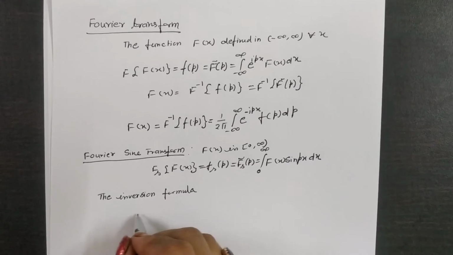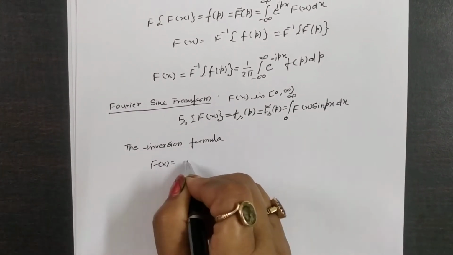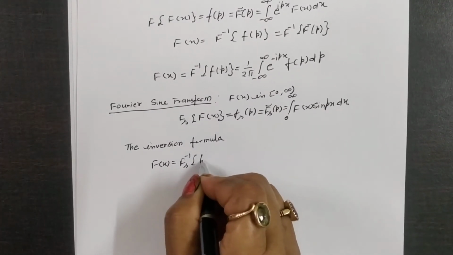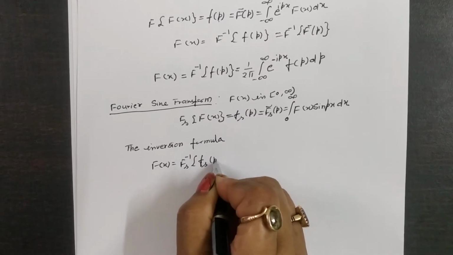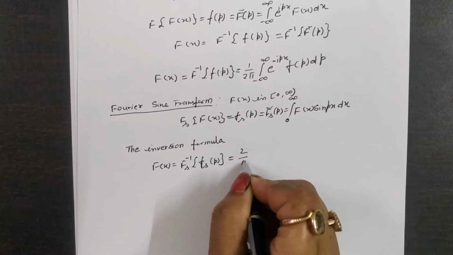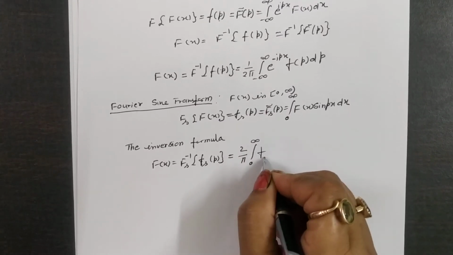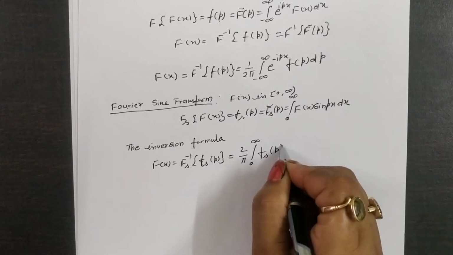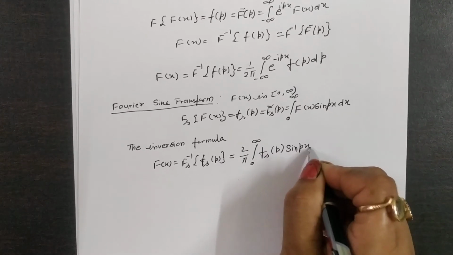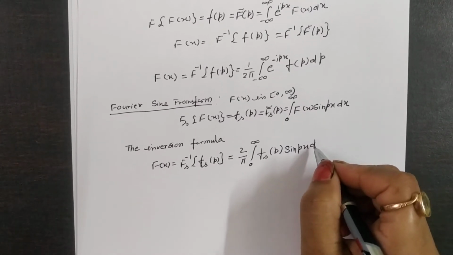Which is given for f of x, which is equal to F s inverse of F s of p, which is again equal to 2 by pi times the integral from 0 to infinity of F s of p sin px dp.